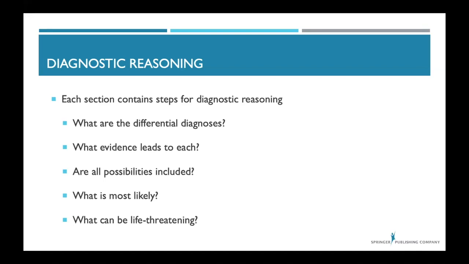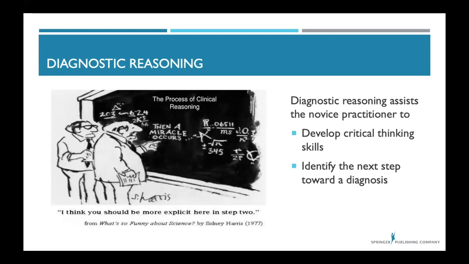So we want to make sure that we look at every symptom, every finding, individually and as a clustered group to see what types of differentials need to be included for this patient. What's most likely? What could be life-threatening? What should we not miss because it could be fatal for the patient? So all of these things are included toward the end of each chapter.